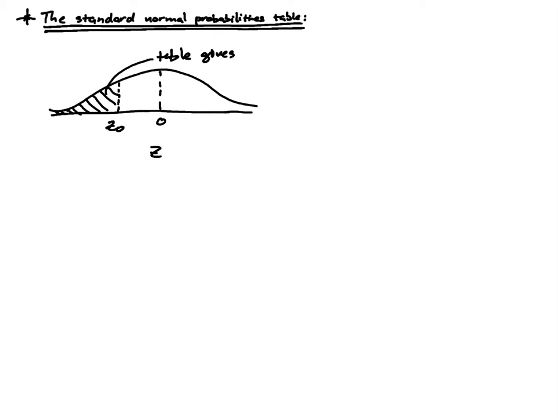But that shaded area is the probability that z is less than or equal to z sub 0, right? That's by definition. It's the area under the curve to the left of z sub 0. So let's look at the table and see how we actually use it.